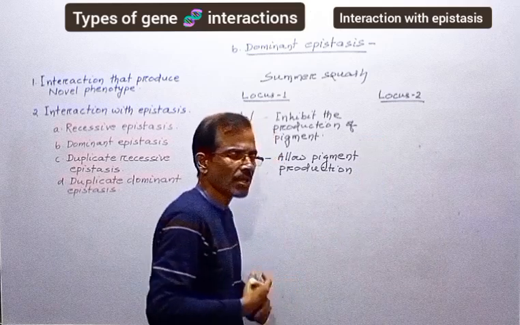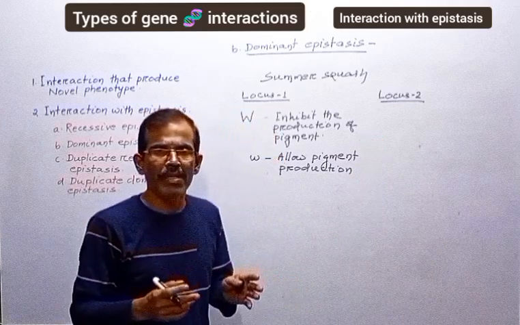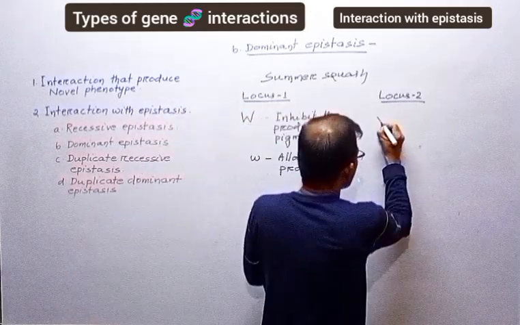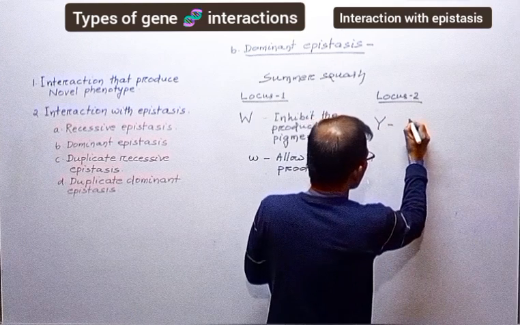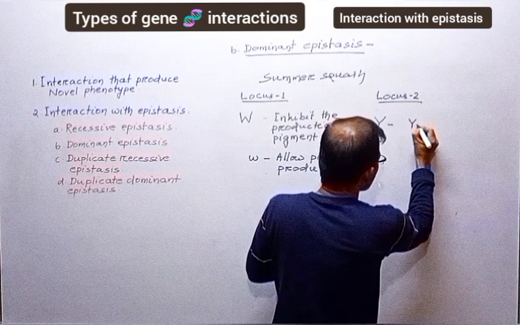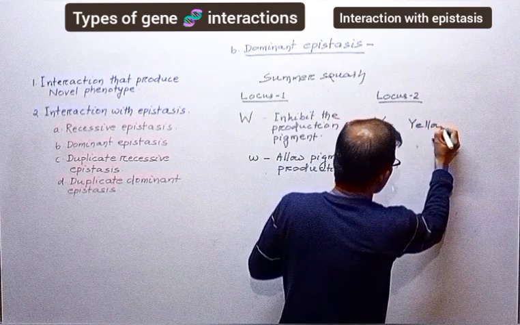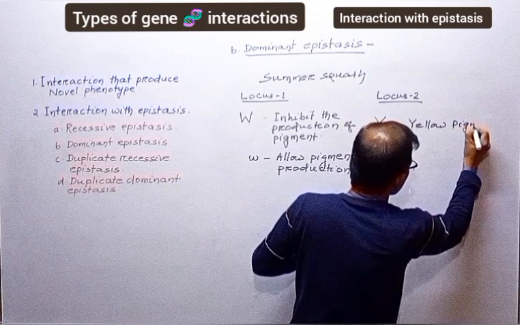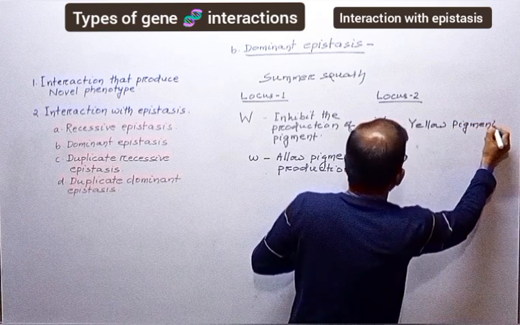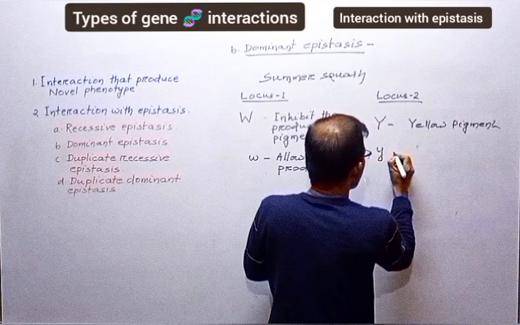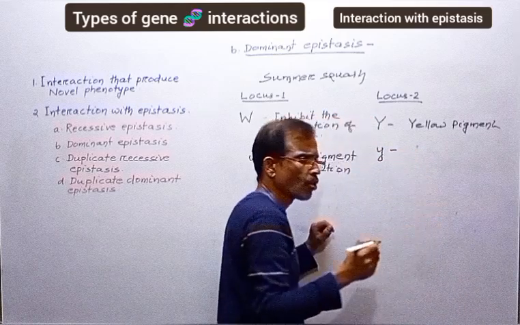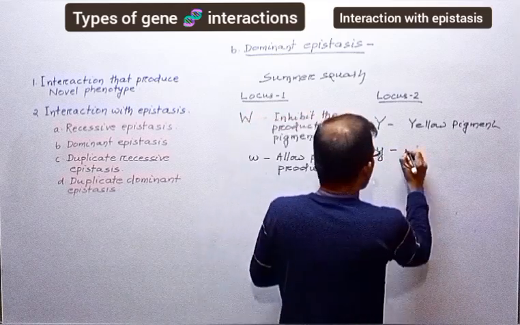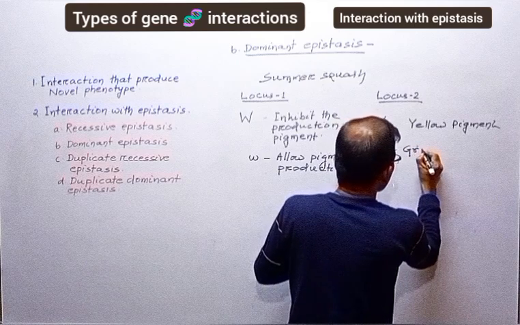Second locus determines the type of pigments produced. Its dominant allele encodes yellow pigment, and its recessive allele when present in homozygous state encodes green pigment.